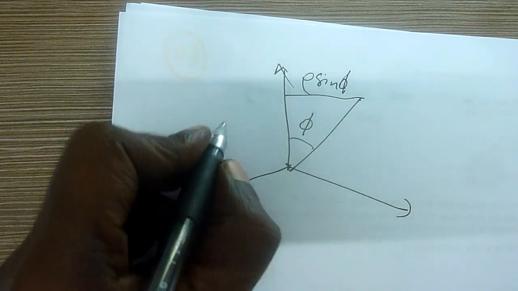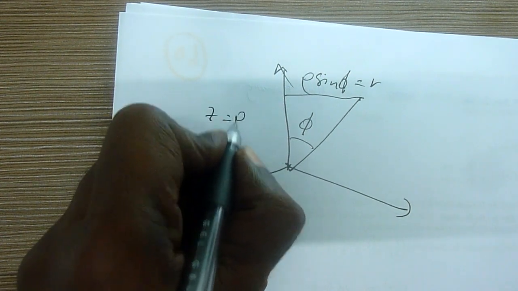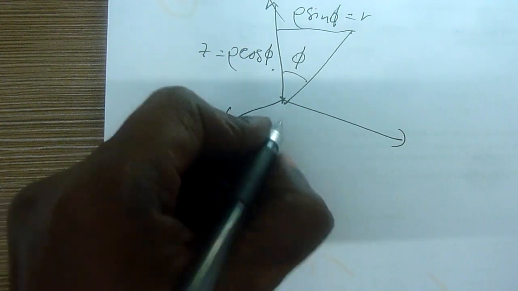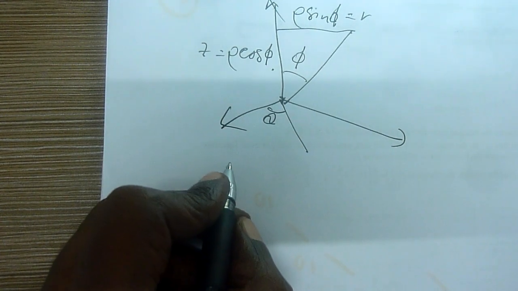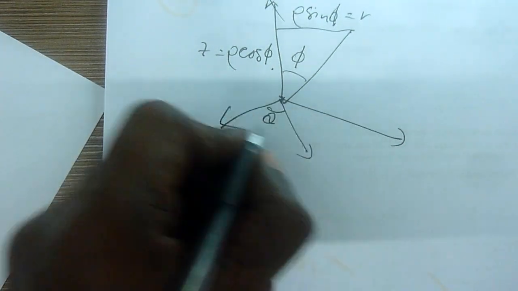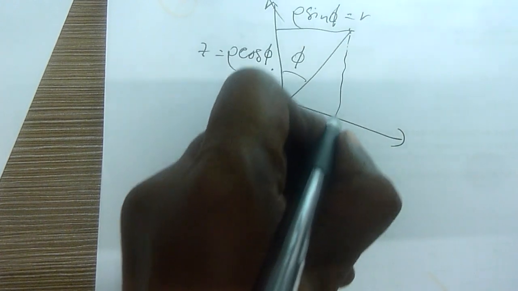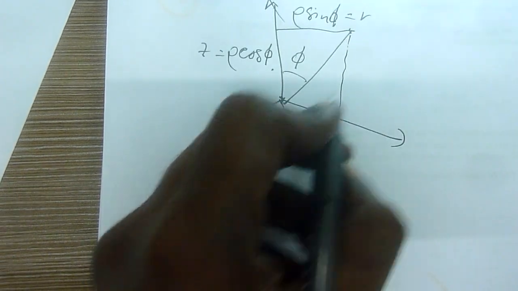Sine phi, which equals r. This is z, rho cos phi. When you come to the ground, you are using theta. Which direction? You can use a positive, but this one coming down to here is vertical based.